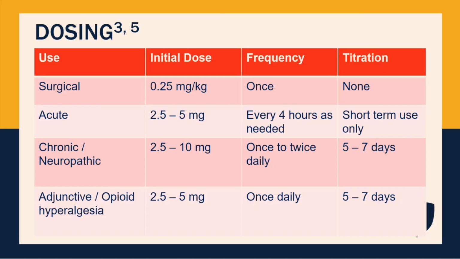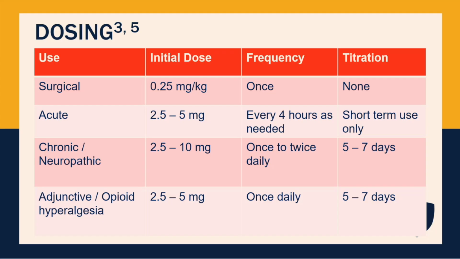Dosing of methadone varies depending on the pain indication. For surgical procedures, it's generally a weight-based dosing given once prior to the procedure. For acute pain dosing, it's generally the lower dosing of 2.5 to 5 milligrams, and you can repeat it about every 4 hours as needed, although I have seen shorter frequencies as well.